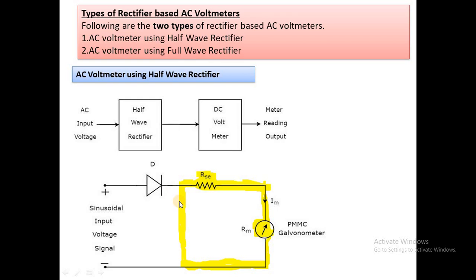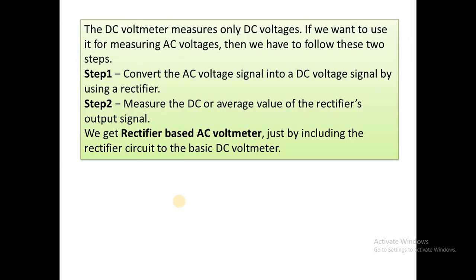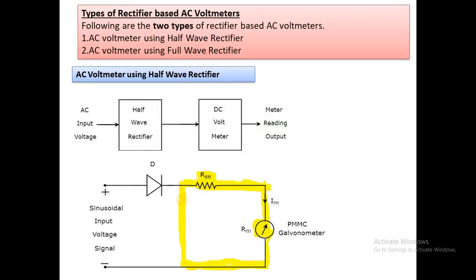So if you want to construct an AC voltmeter for measuring AC voltages, we just have to insert the rectifiers at the input of the DC voltmeters. These two steps are indicated here.